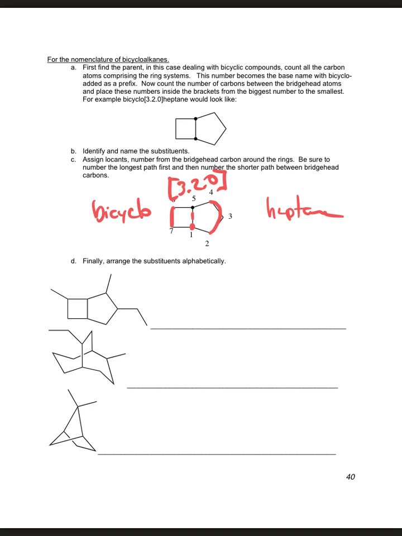Now, when we look at this, remember what I said, we have to start with a bridgehead, and that's a carbon that has all 3 rings attached to it. 1, 2, 3, 4, 5, 6, 7, and count around, and you have to keep going. You can't jump around.